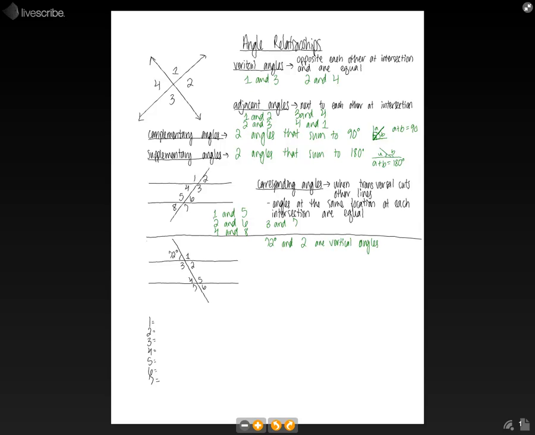So we know they're going to be equal. So we can come down to our list over here, and we know angle number 2 is going to be 72 degrees because it's opposite of our given 72.